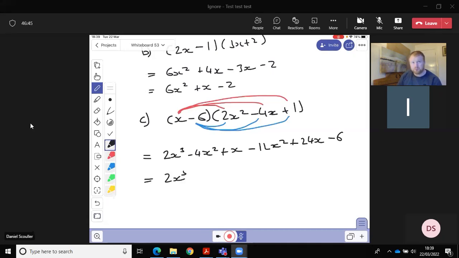The only one to the power of 3 is the one at the front. There's a couple of x squared terms: that minus 12x squared and that minus 4x squared, so minus 16x squared. Watch the sign. Then the x terms, plus 25x, minus 6.